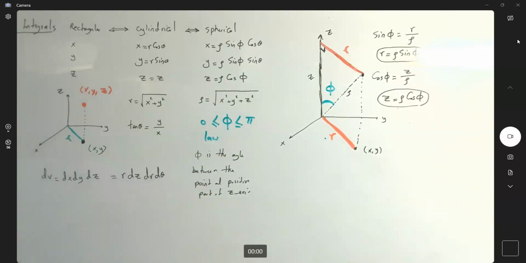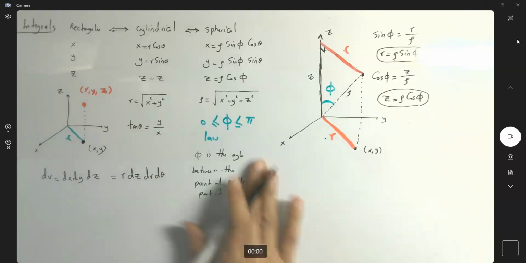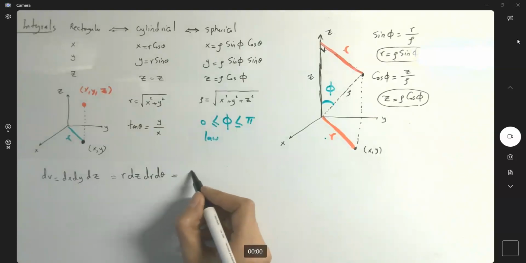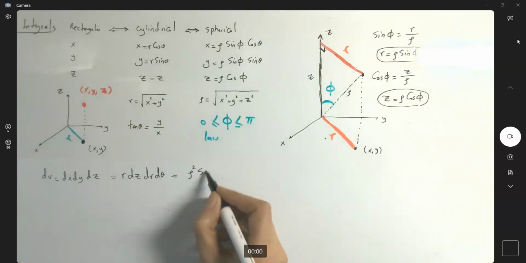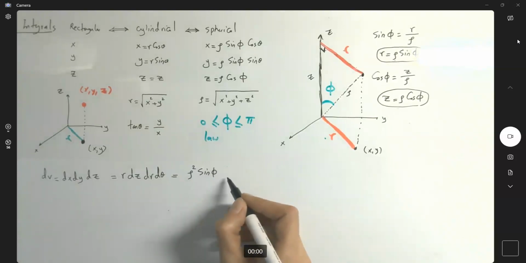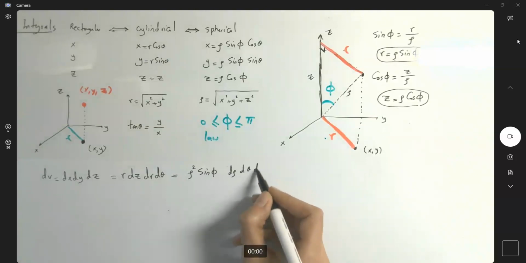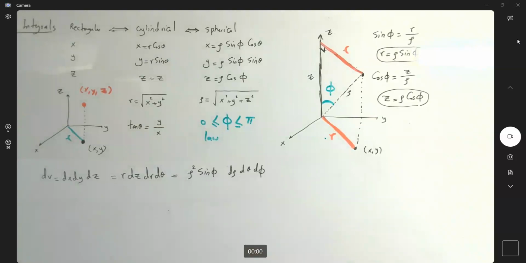And when it comes to the spherical coordinate system, we're going to have a very special case. In that special case, dV is going to be written as rho squared sine phi d rho d theta d phi.